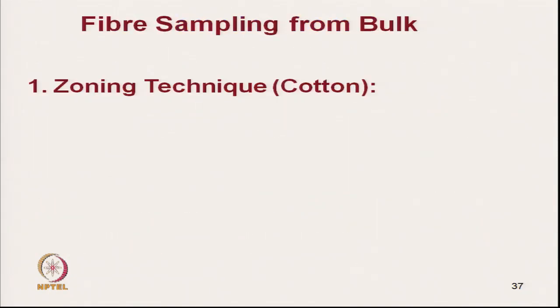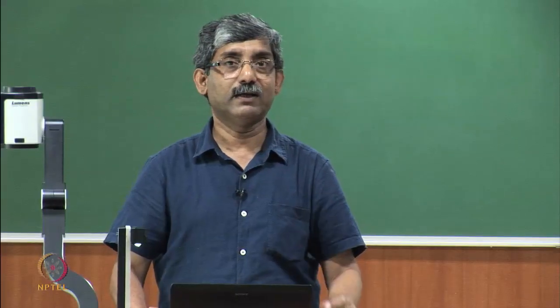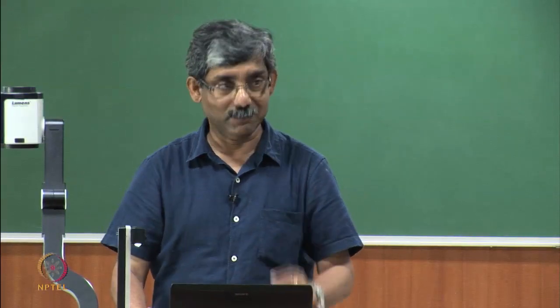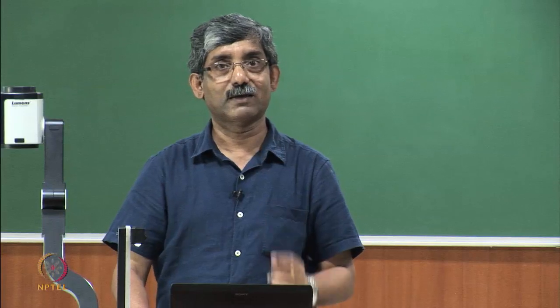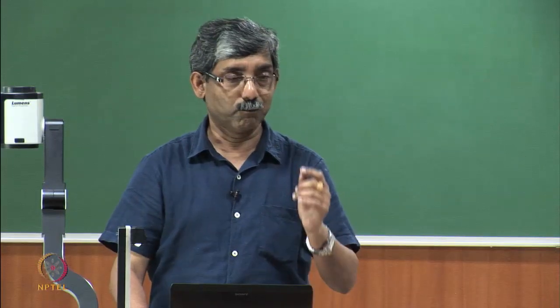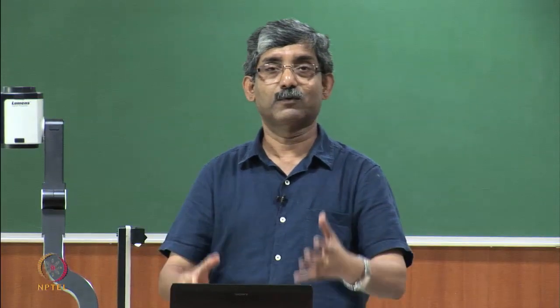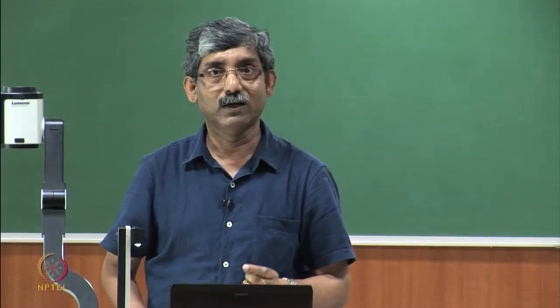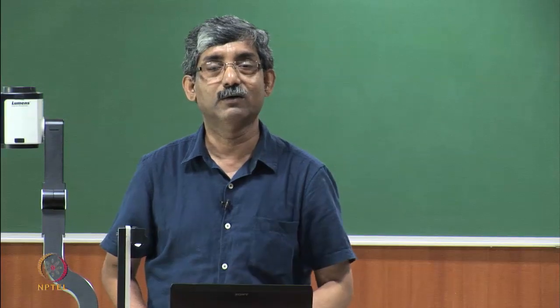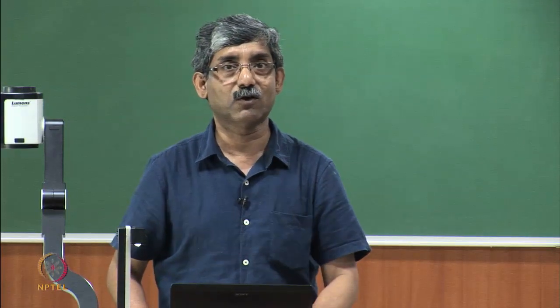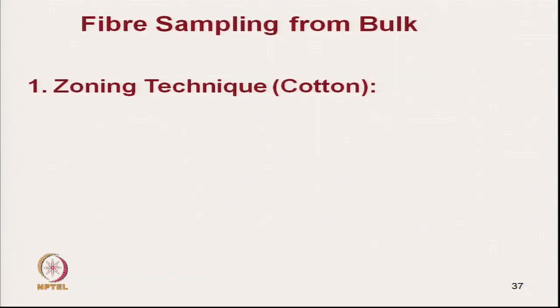Now, we will start with the sampling of textile material. First, the sampling technique: from the bulk we have to take the laboratory sample, and for cotton the technique which is used is called the zoning technique.